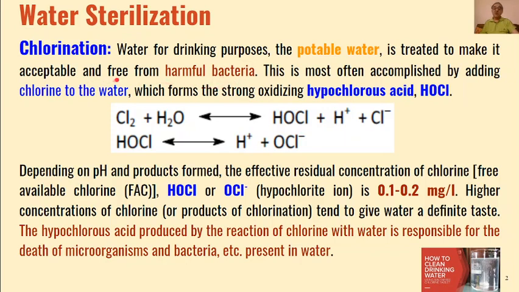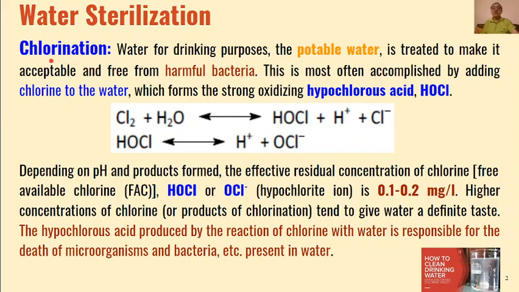What happens is that chlorine reacts with water, and HOCl, that is hypochlorous acid, is formed. This hypochlorous acid is a very strong oxidizing agent, and it can kill many of the harmful bacteria present in the water.